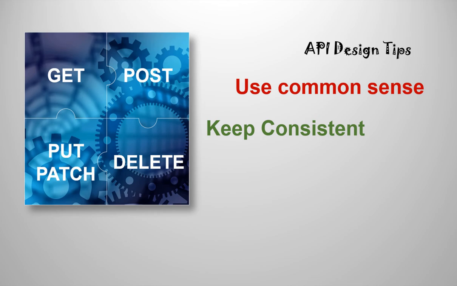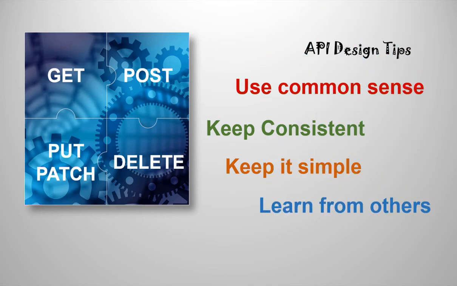Keep consistent and avoid using different request methods on different resources for the same action. Keep it simple and avoid using one single API to act on multi-level resources at the same time. Learn from other public RESTful APIs and their published specification documents, as most of them have been thought through quite extensively over several versions.